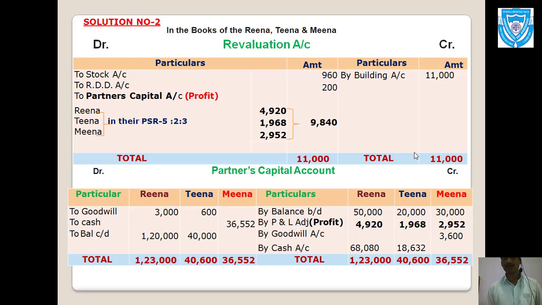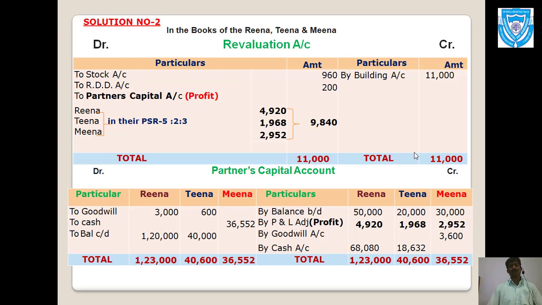So I took a total of credit side rupees 11,000, taken that total to debit side, and deducted stock 960 and RDD 200 rupees from 11,000, and I got the amount 9,840 rupees, and it will be the profit on revaluation, and it will be distributed amongst the three partners, Reena, Tina and Meena, in their profit sharing ratio.